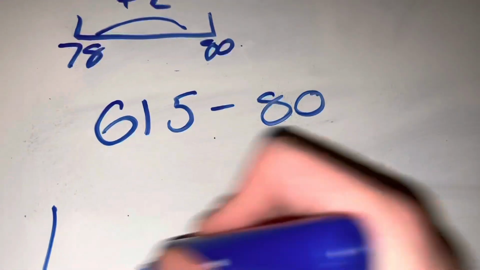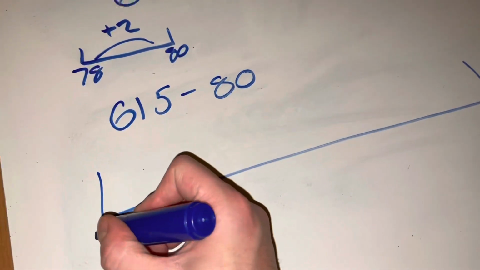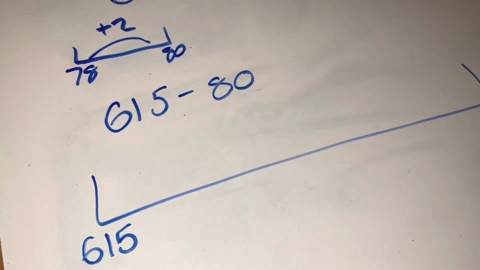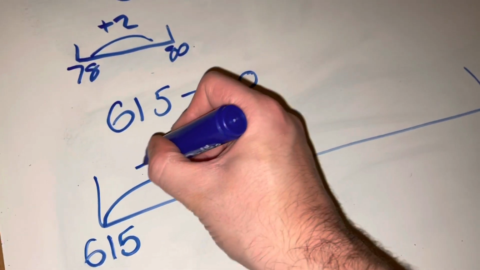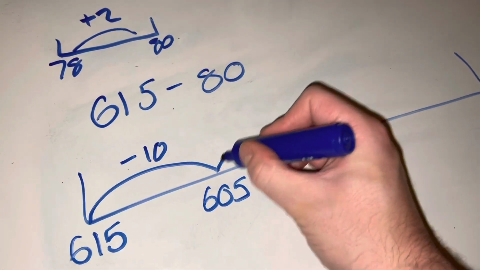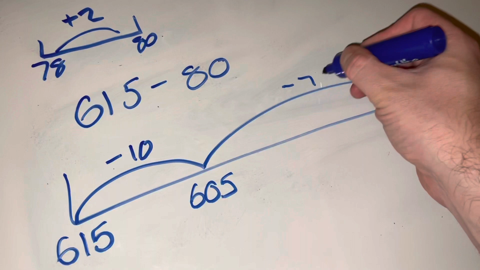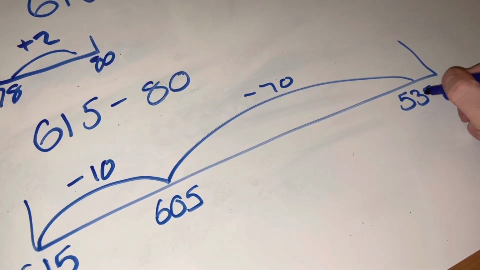Now you can do that however you choose. You can count up, you can count back. I'm going to count back. 615 minus 10, 605 minus 70 to get me the rest of the way is 535.